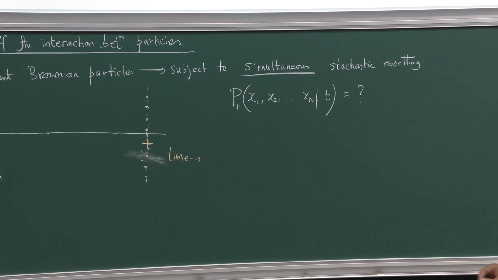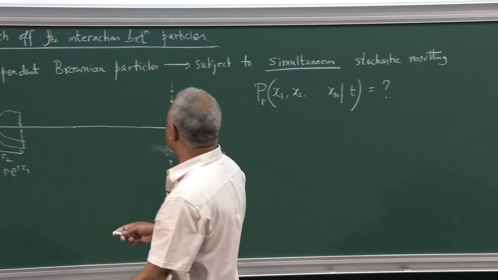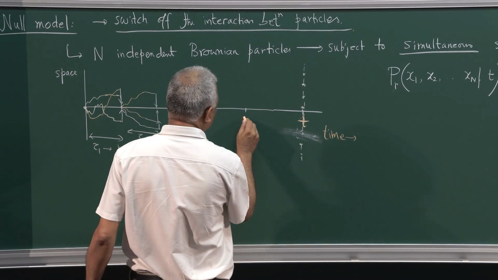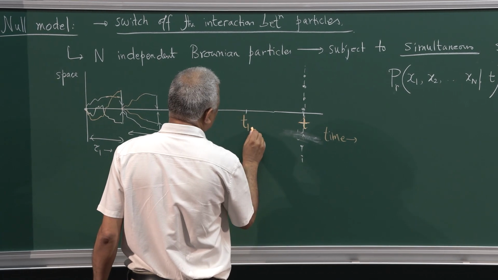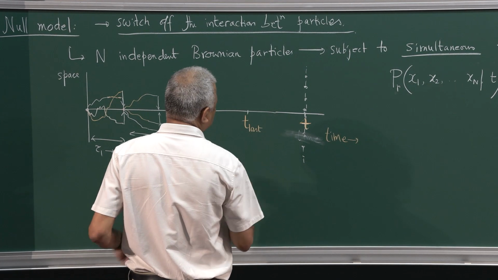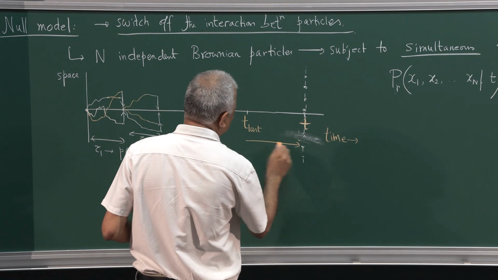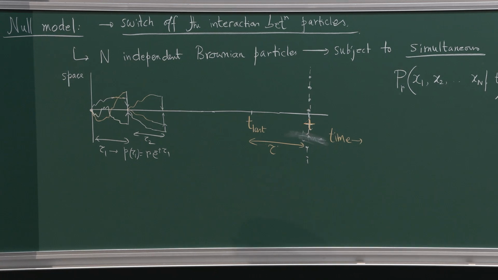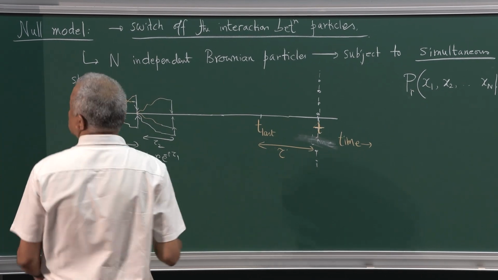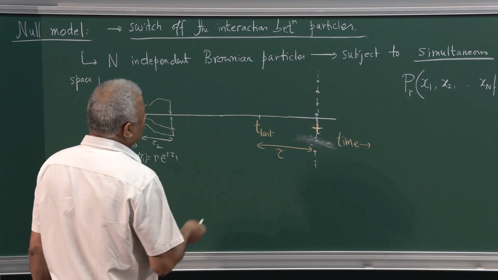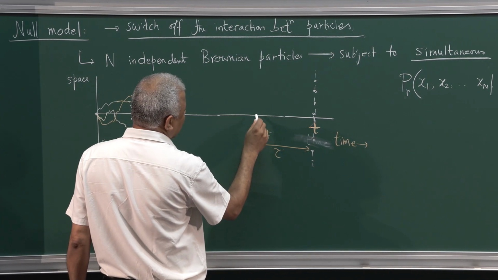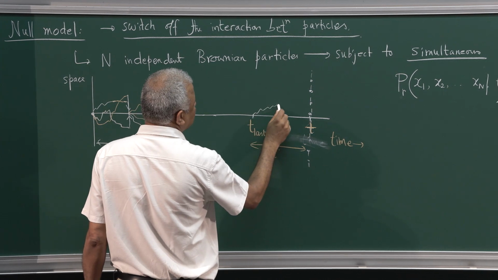Once again you realize that once you know the single particle thing, this is quite straightforward. Let me denote the time of the last resetting by t last, and I'll call the time since the last resetting tau. And again you can invoke this renewal picture, and you don't care really what happened before that, because you know that since the last resetting, they have free propagation.